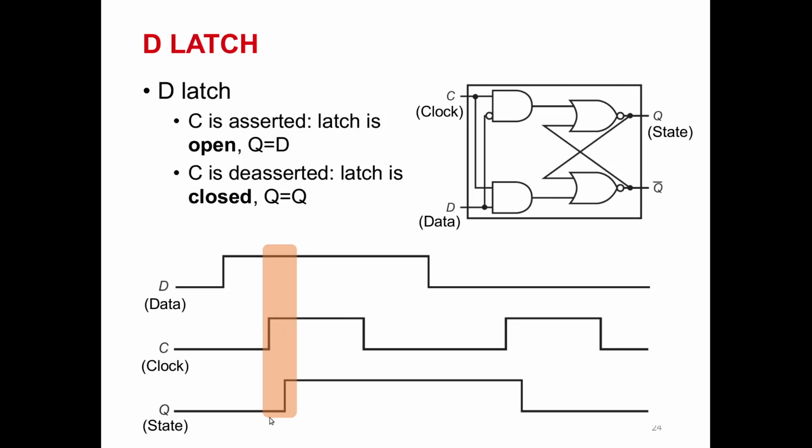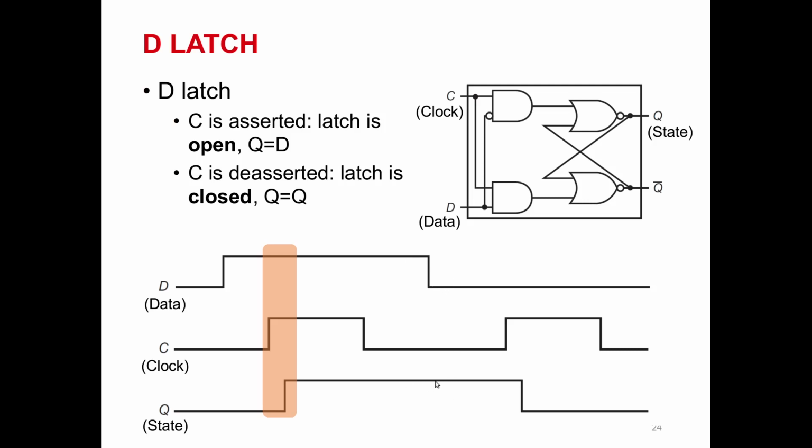Our output for the D latch will follow the value of input D. So here you can see that during the high period of the clock, our Q output will equal D. So it goes high from here, and when the clock changes from high to low, Q still keeps the same, so nothing changes in Q even if our input D changes from here.